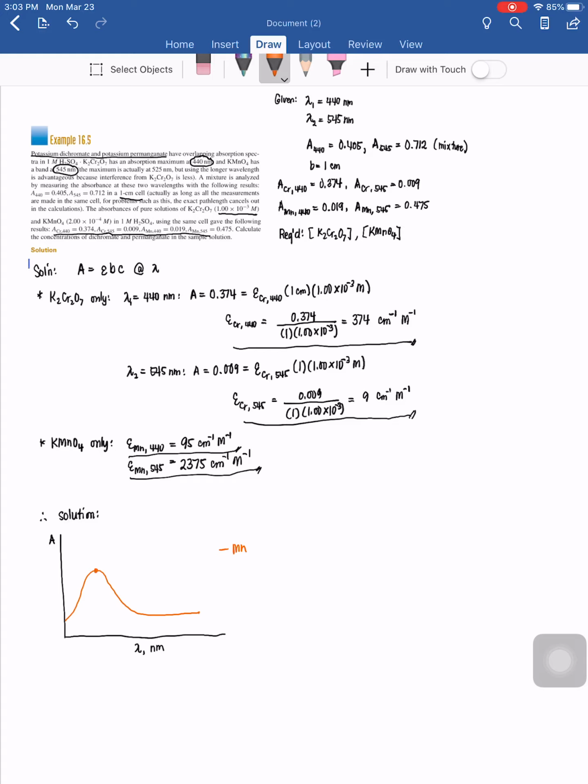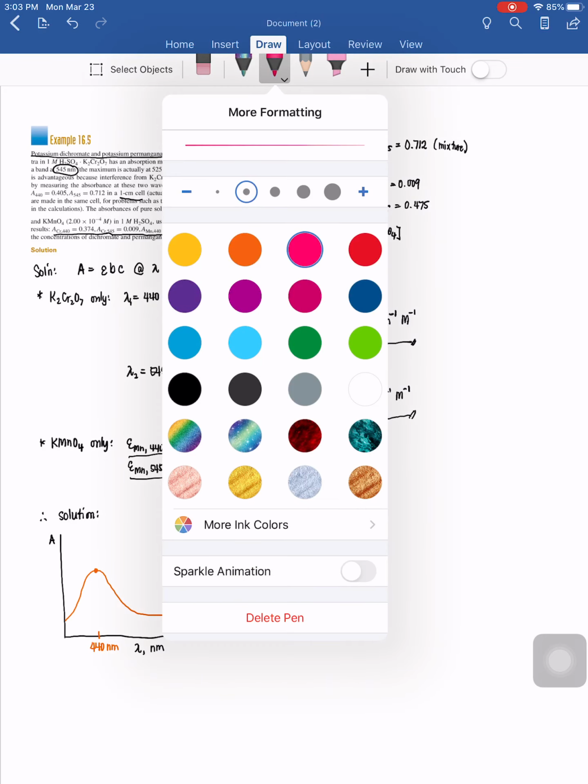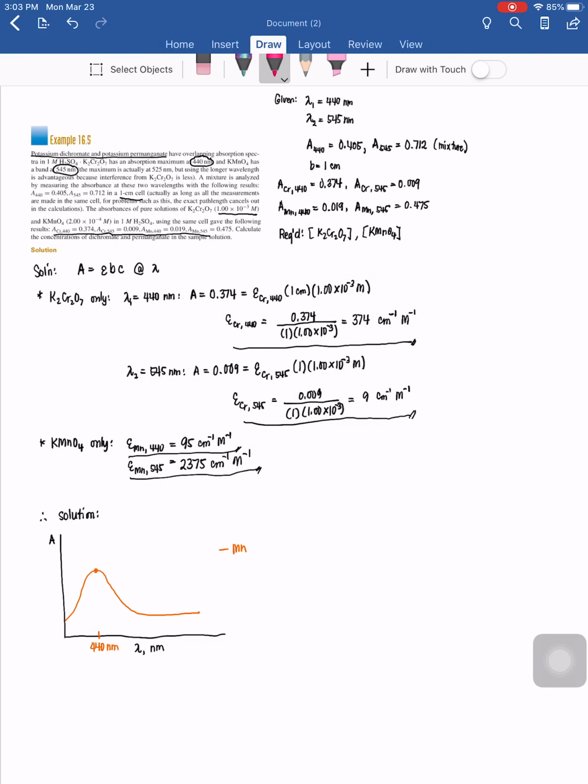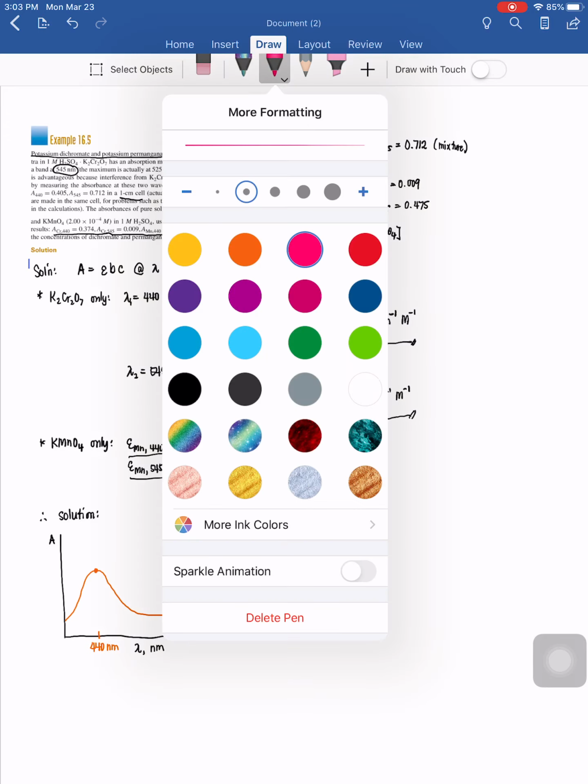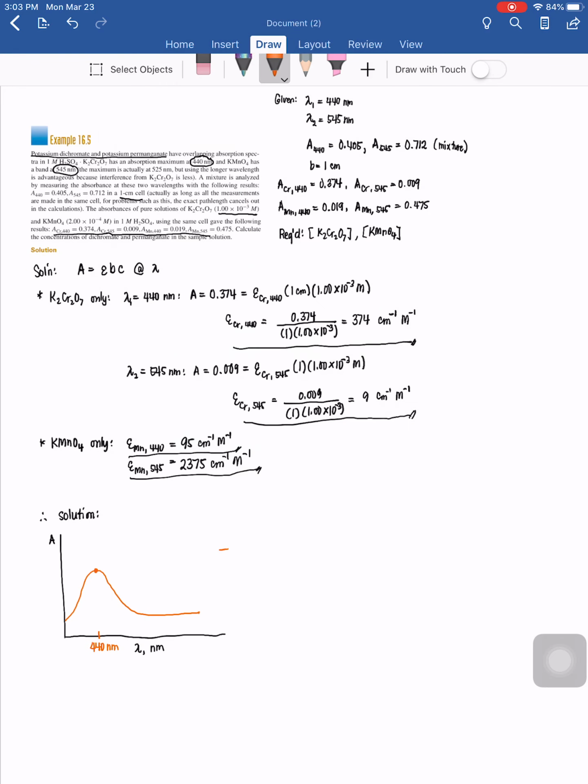It has its highest point, or its peak, at 440 nanometers. Sorry, that's not permanganate. That should be dichromate over here, the one in orange.